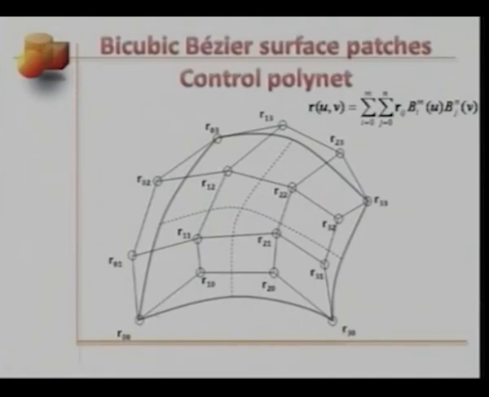Let's take a look at another bounding curve. This one, for example. This curve corresponds to the value of v equals 1. We have the control polyline given by R03, R13, R23, and R33.